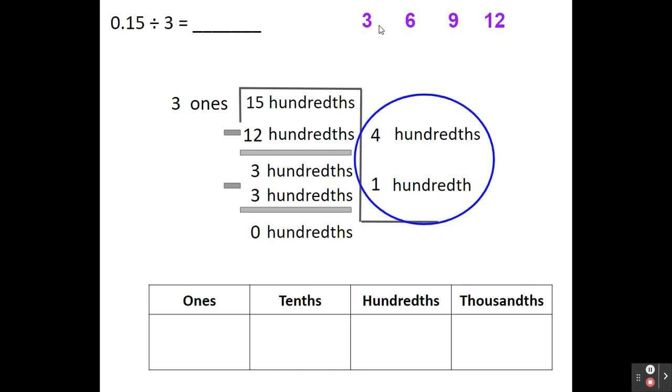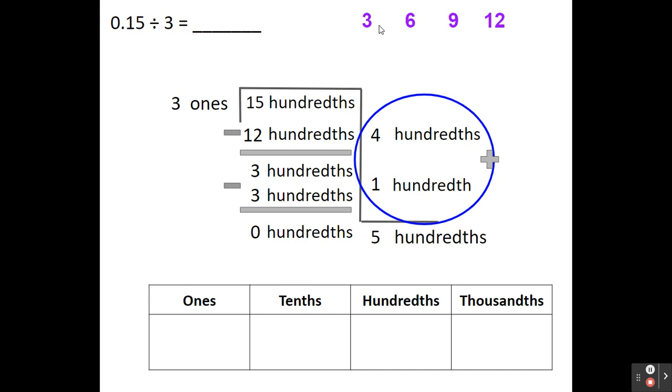Now I need to add everything to the right of my partial quotient symbol to figure out how many groups there are. So I do 400ths plus 100th, and I get 500ths.